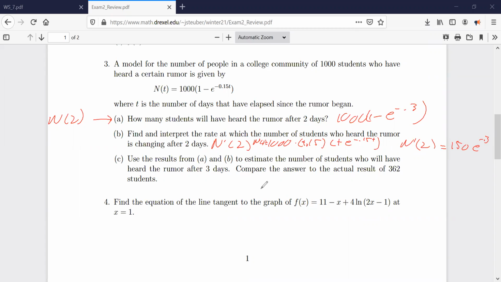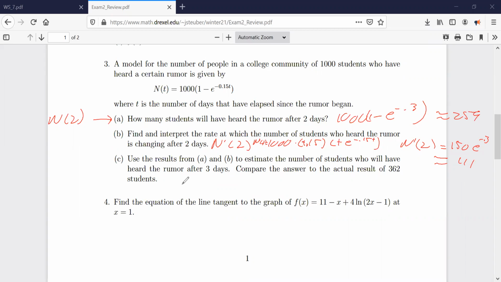Okay, so this is just saying, I want to get the linear approximation of this guy and see how good that linear approximation actually is. If I do that, this guy right here is going to be roughly 111. This guy right here is going to be roughly 259.